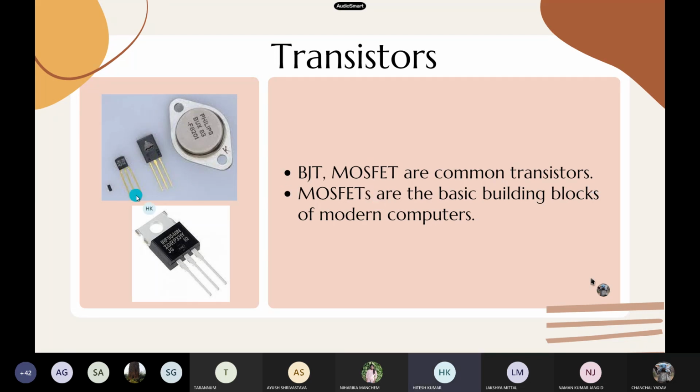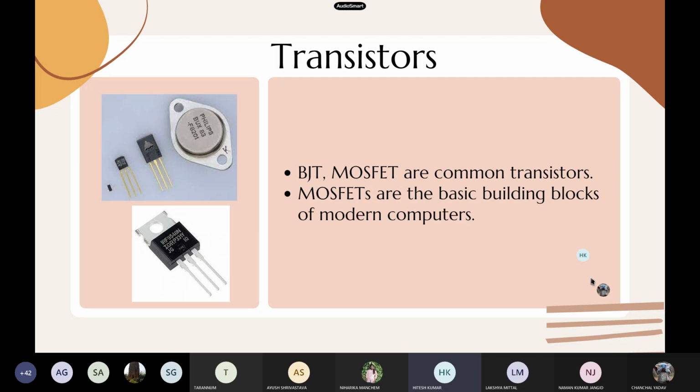There are so many types of transistors, but BJTs and MOSFETs are commonly used. MOSFETs are the basic building blocks of modern computers, because processors and memories of modern computers are made based on the transistor only.